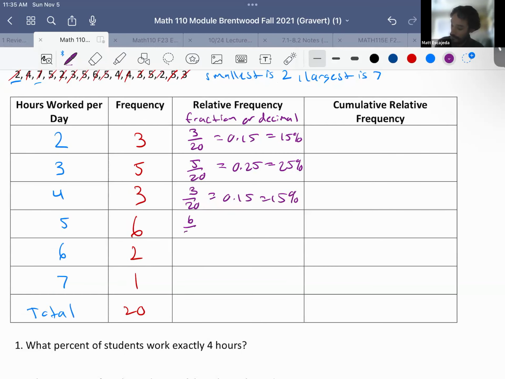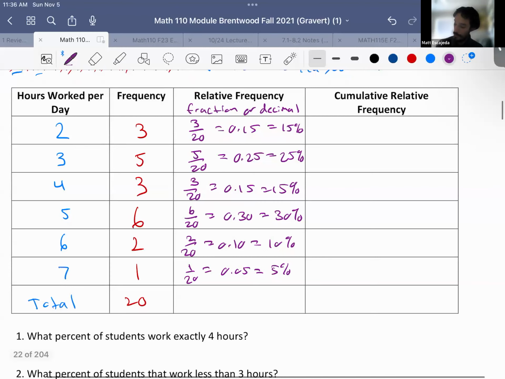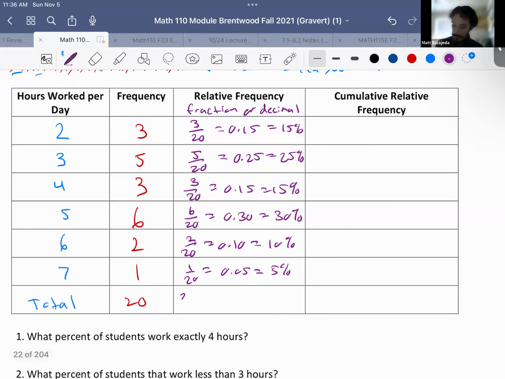Then we have 6 over 20, which is 0.30, 30%. Next is 2 over 20, which is 0.10, 10%. The last one is 1 over 20, which is 0.05, and that's 5%. Then we have 20 over 20 just for the sake of it, which is 1, which is 100%.